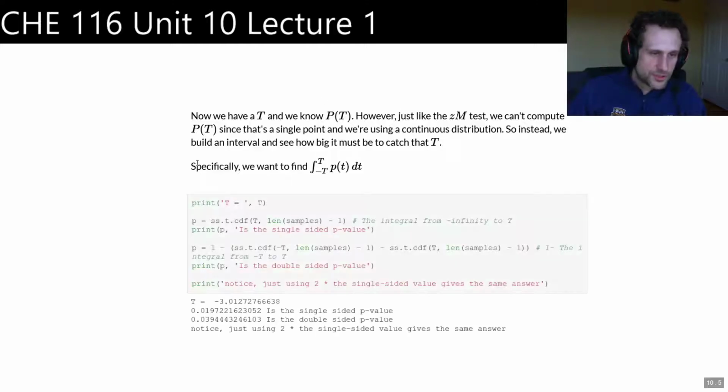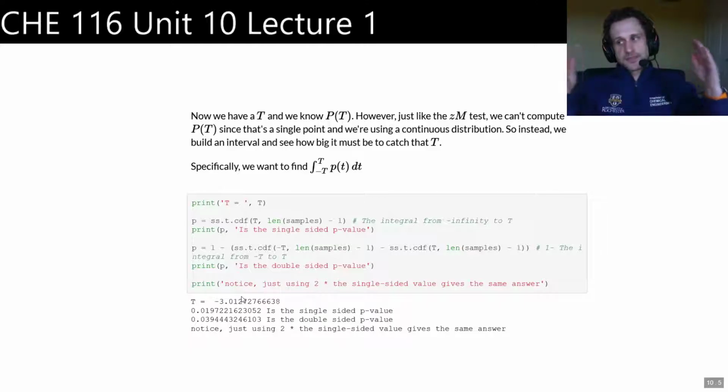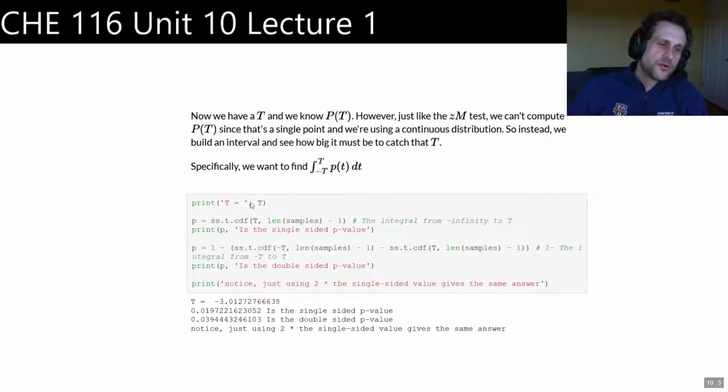Then, which interval do we want? Again, we want the extreme interval, so outside of the center. Why does it say integral from minus t to t? Just a moment here.